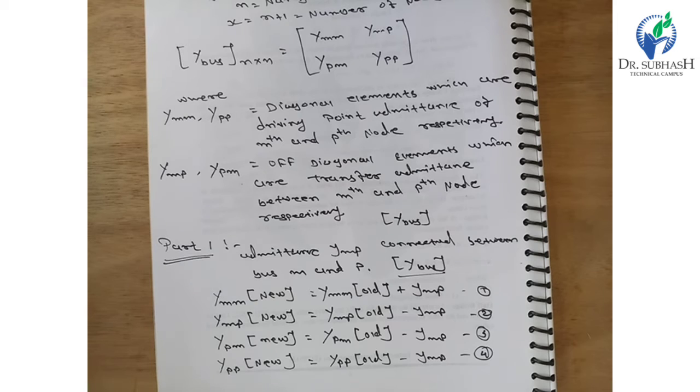Now we take the second part or second case. Consider a new element connected from the mth bus to the reference or ground. Here a new element is connected to the mth bus with the reference of ground. For this case, only the entry Y_MM will be affected in the Y bus matrix.